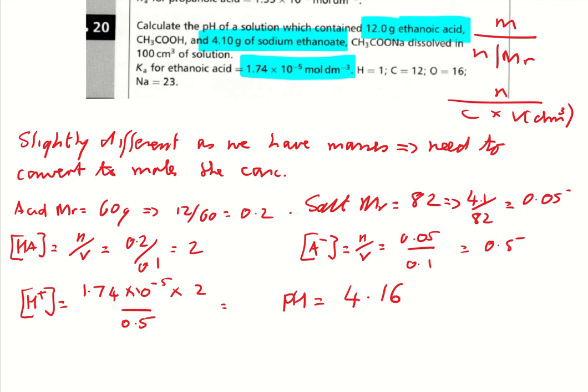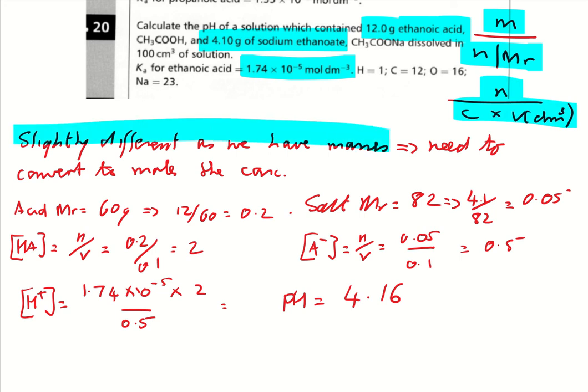But this time we have an equation we haven't used before, moles equals mass over Mr, and then we link into concentration equals moles divided by volume. So it's slightly different, as we have masses and we need to convert those masses into moles and then into concentrations. So very simple all the same.